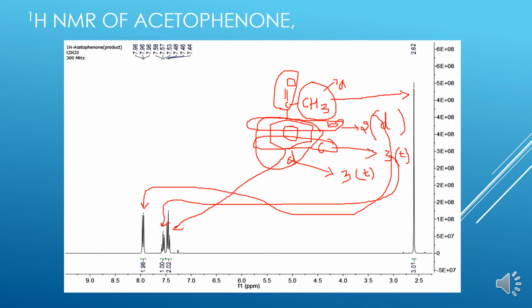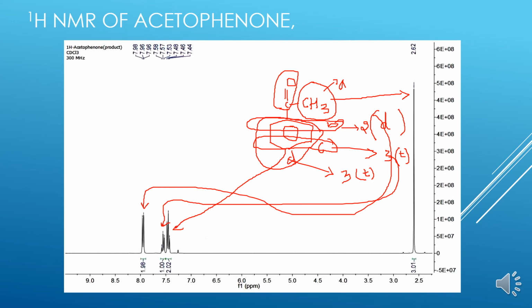Splitting patterns are calculated based on the n plus 1 rule. There should be neighboring protons in proximity. If the neighboring protons are more than three bonds away from the splitting protons, then no splitting takes place.